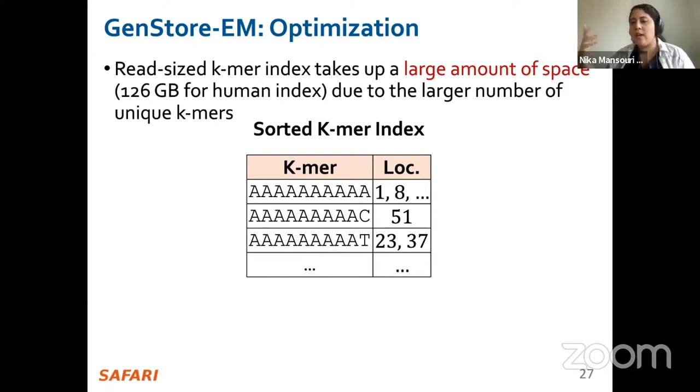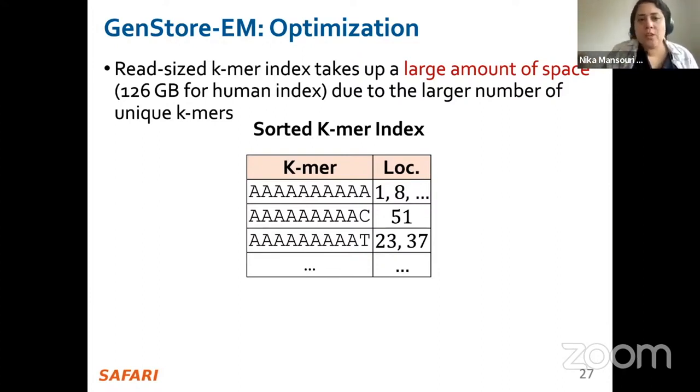This is because of the large number of unique read-size k-mers. So imagine we have 150-mers here, whereas in the baseline we would have 15-mers or 19-mers. As you can imagine, the number of unique elements is very large, and also each element on its own is very large.